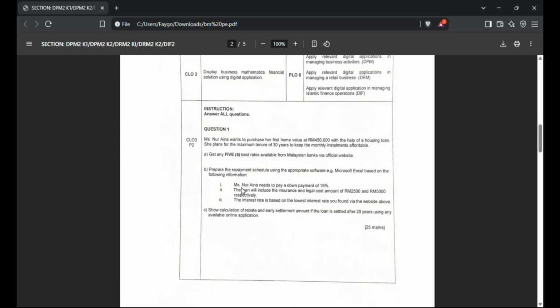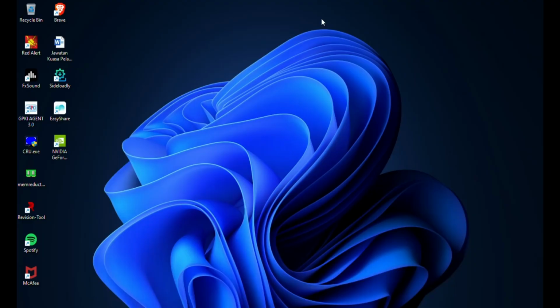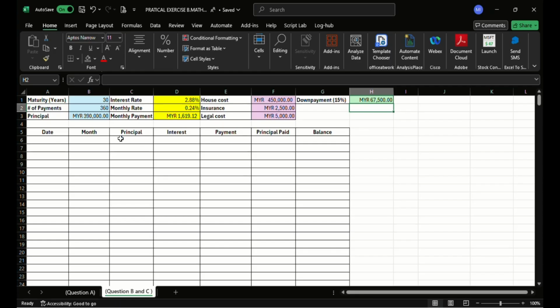For information 2, the loan will include the insurance and legal cost amount of RM25,000 and 5,000 respectively. For this question, you need to find the total principal. The total principal is the total house cost minus down payment, then plus insurance and plus legal costs.